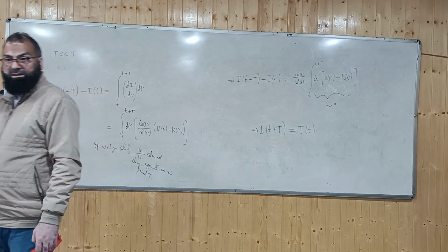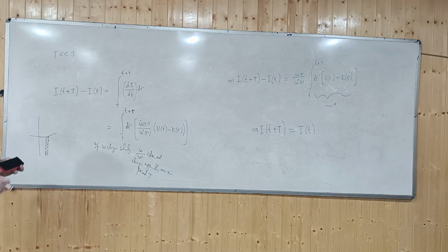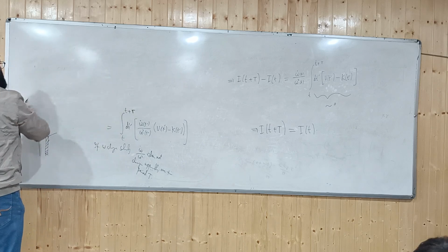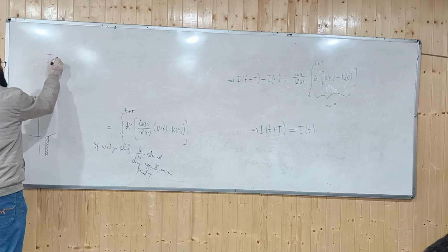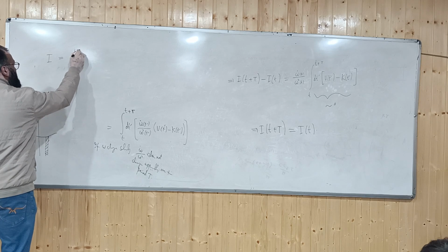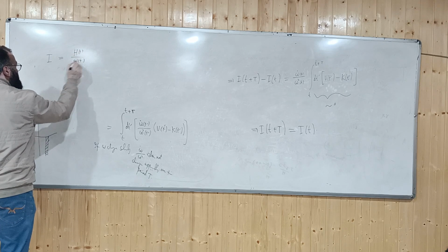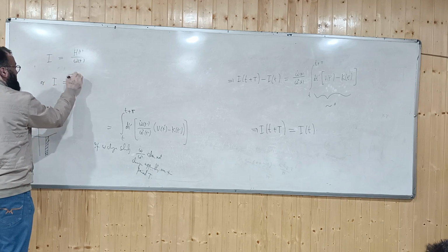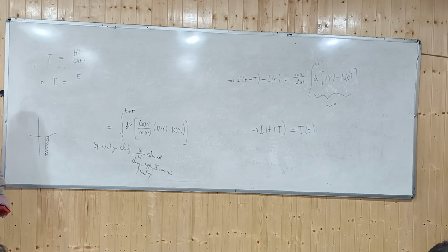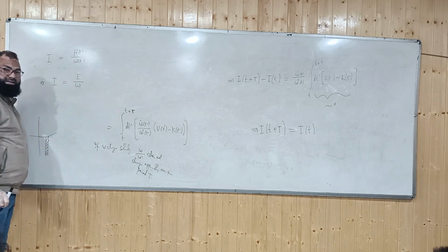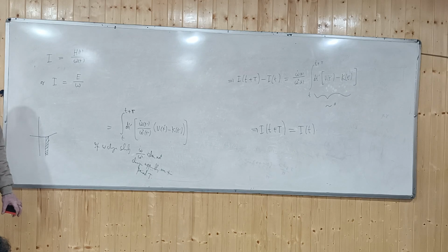Clear? So in other words, what is I(t)? I is simply H by ω. Let's say for a harmonic oscillator, since H is the Hamiltonian, it gives you the energy. So energy by this frequency is an invariant quantity for the harmonic oscillator.